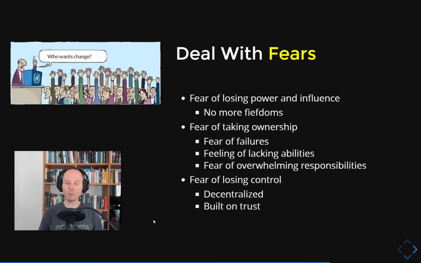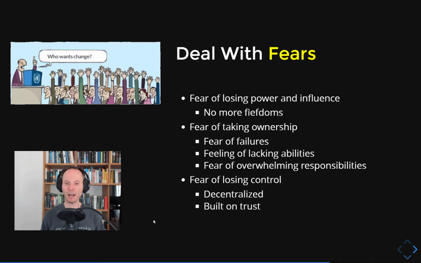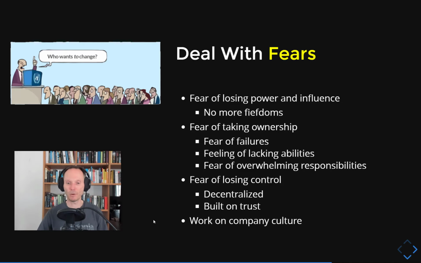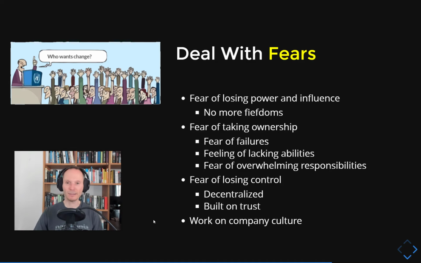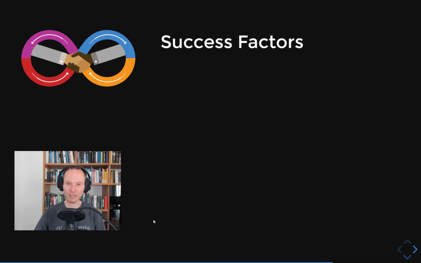And this needs to be built on trust. In classical organizations, which are built very hierarchically in these silos that I mentioned multiple times now, that is really a big issue. So dealing with fears means we have to work on company culture.